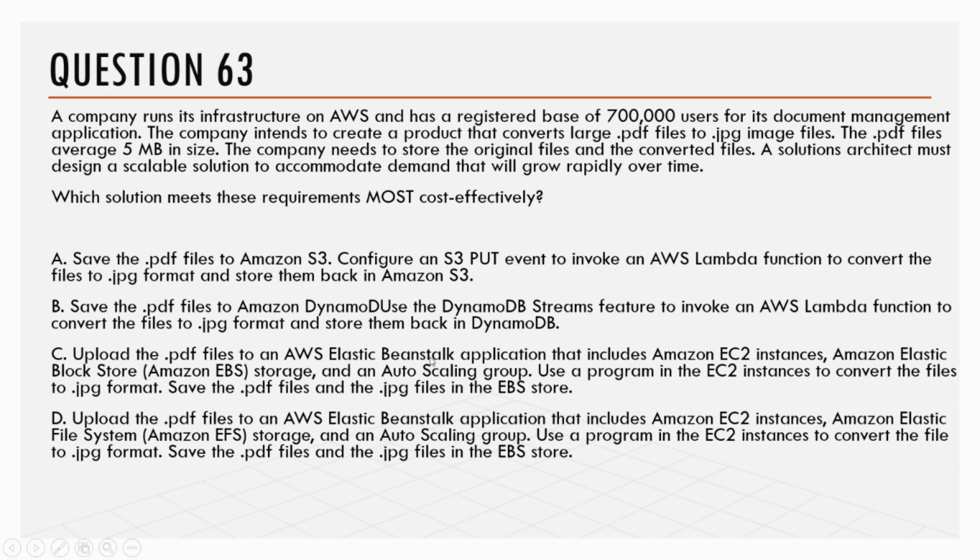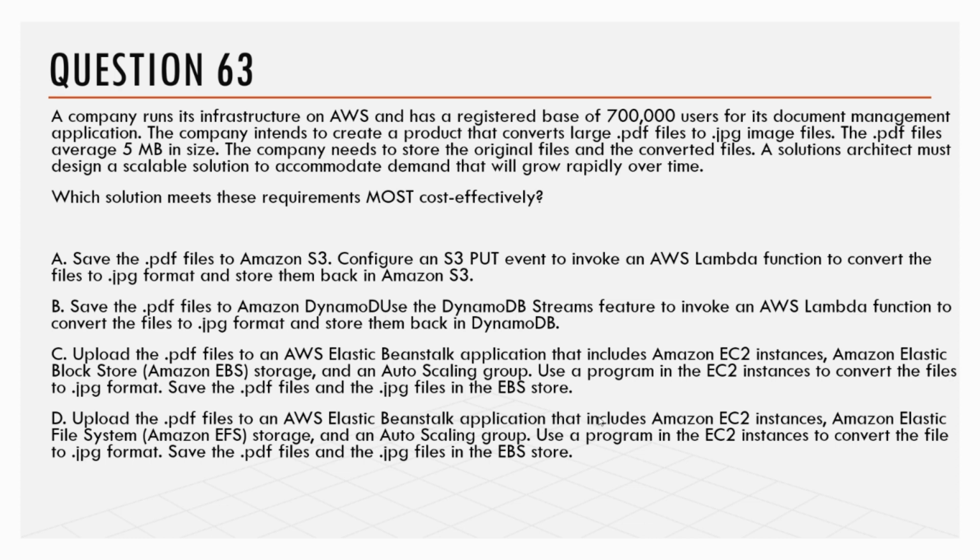Option C, upload the PDF files to an AWS Elastic Beanstalk application that includes Amazon EC2 instances, Amazon Elastic Block Store, and an Auto Scaling group. Use a program in the EC2 instances to convert the files to JPEG format.